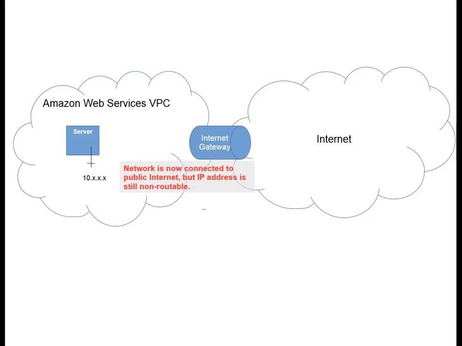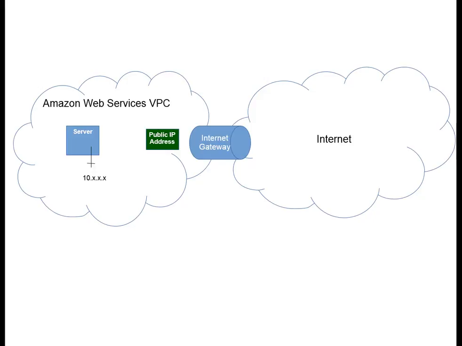Now, the network itself is connected to the public internet. However, the IP address of the server is still non-routable. So even though we now have a path to get to the internet, we would still be blocked because of our 10 dot address that exists on our virtual machine instance. And thus, communication wouldn't happen.